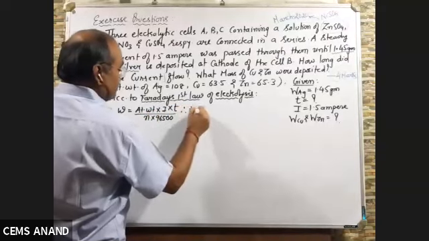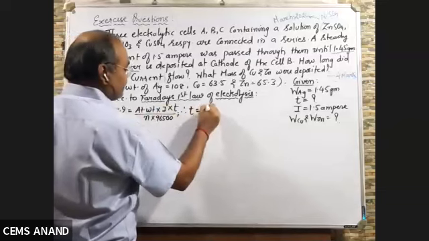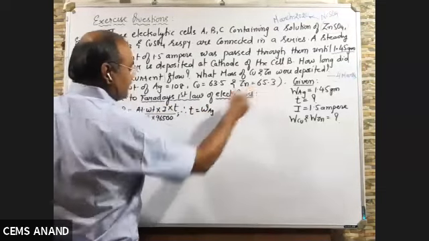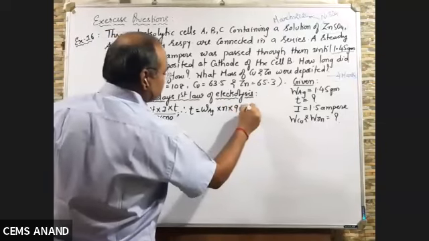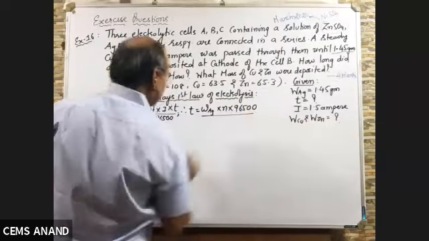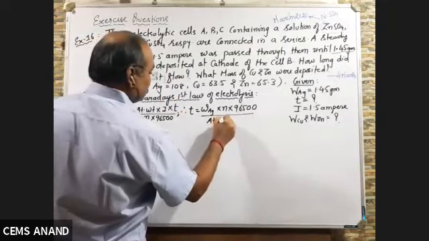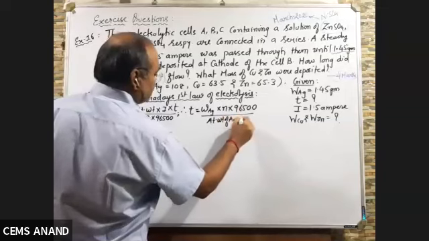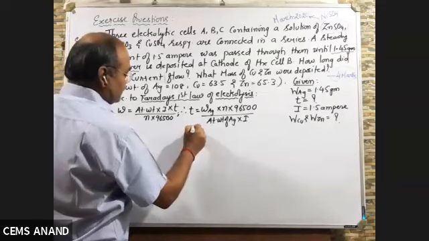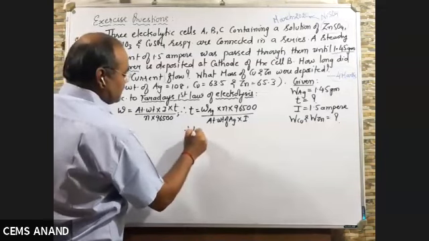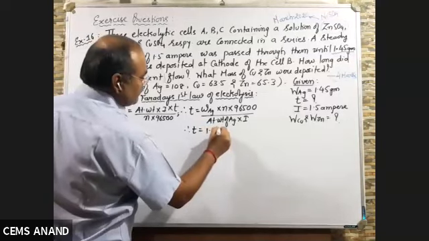So therefore, what will be T? Can I write like this? T is equal to W of silver, it is given, into N into 96500 divided by atomic weight of silver into I. Now find out T, put the value. The weight of silver given is 1.45.